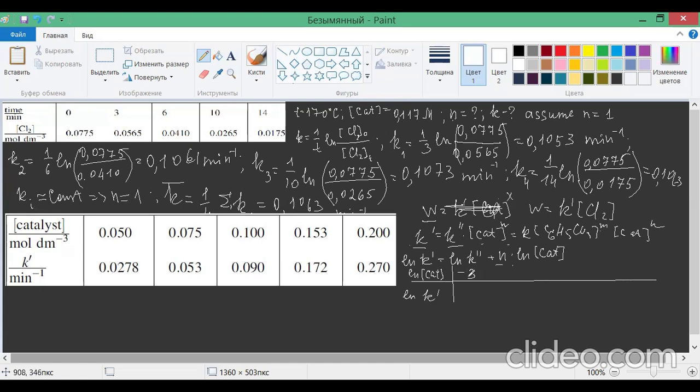Roughly -3 is the natural logarithm of this.